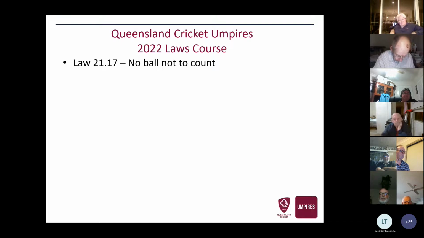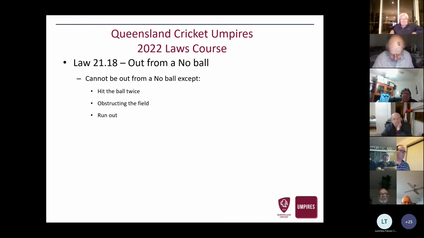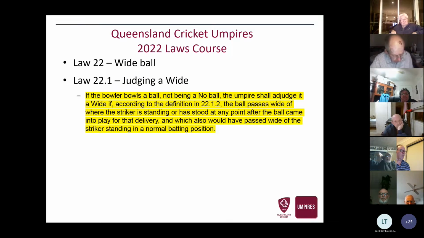Again, pretty straightforward, I would hope. And 21.18 says you can't be out from a no ball except for hitting the ball twice, obstructing the field, or run out. And that is law 21 done.